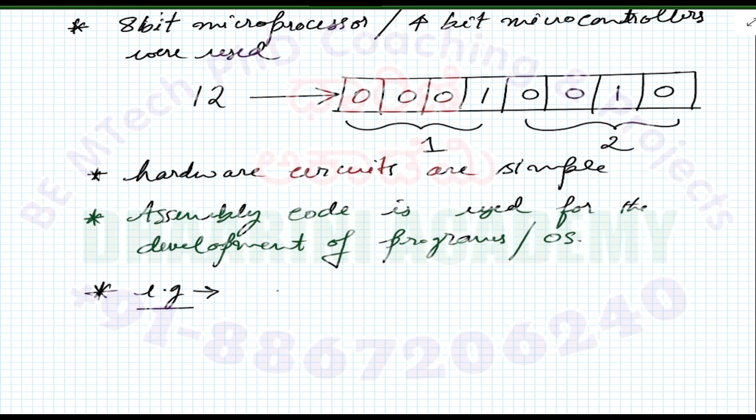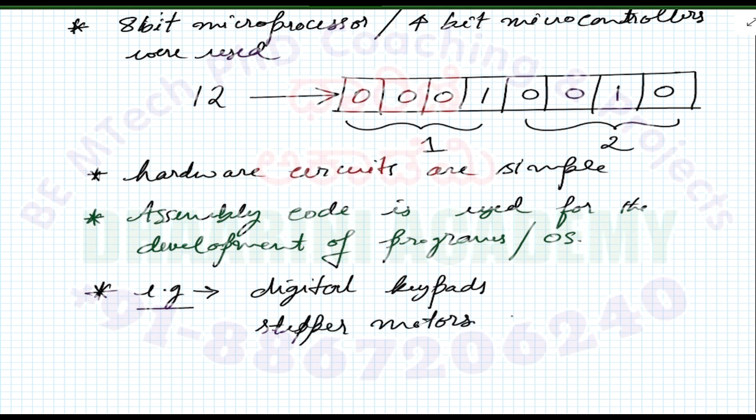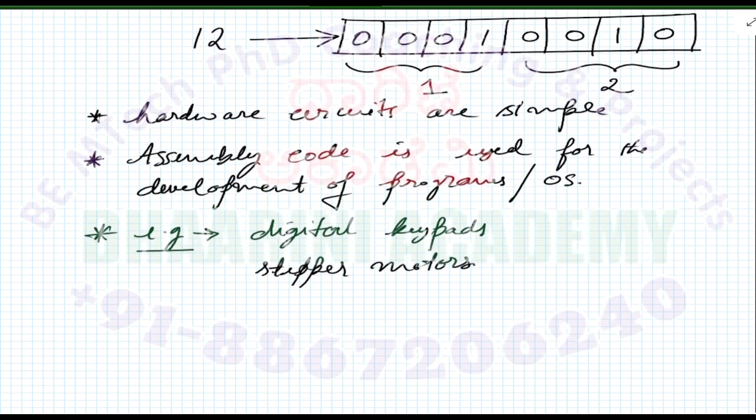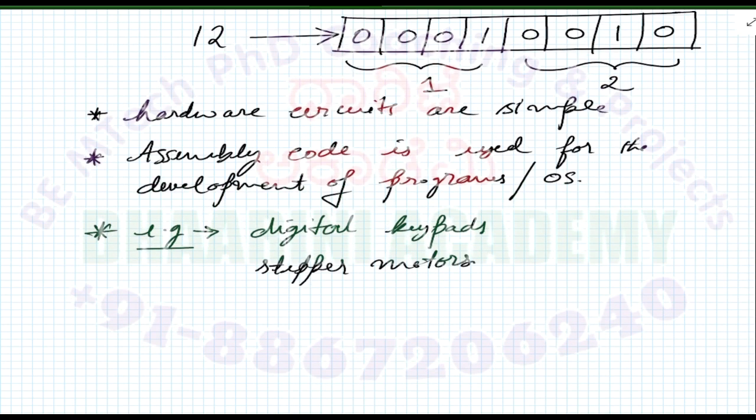Digital keypads and simple stepper motors, etc. are the best examples for the first generation embedded systems.